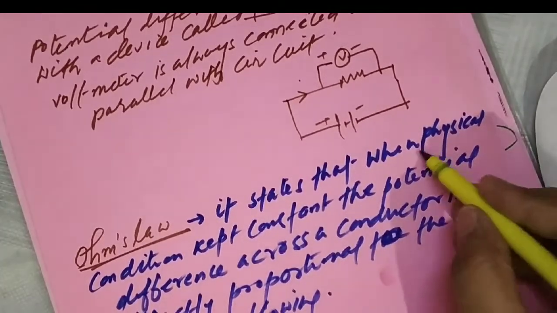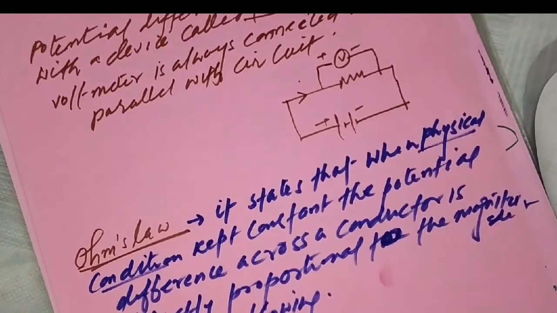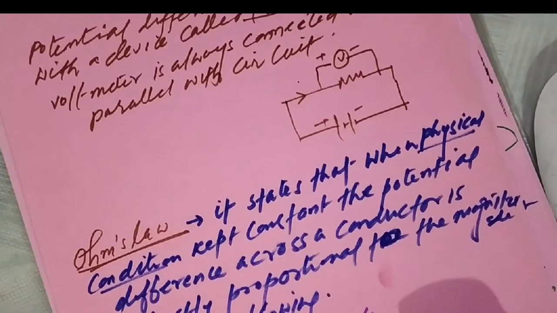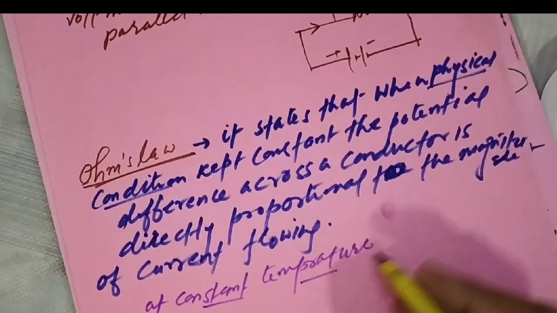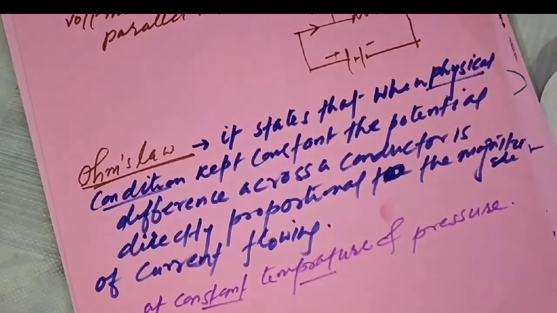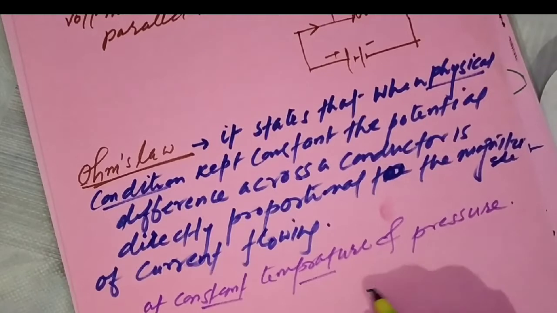So physical conditions means the temperature and pressure. At constant temperature and pressure, the potential difference V is directly proportional to I.